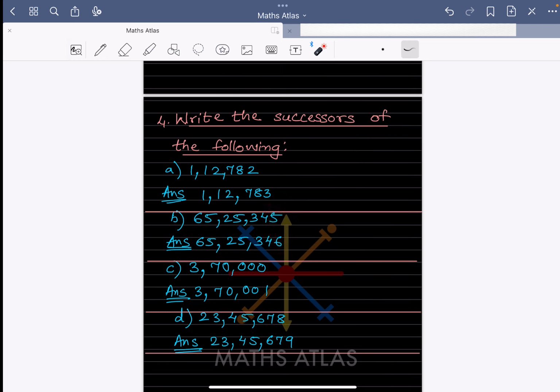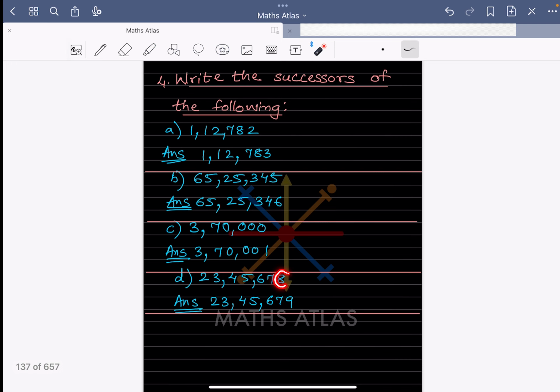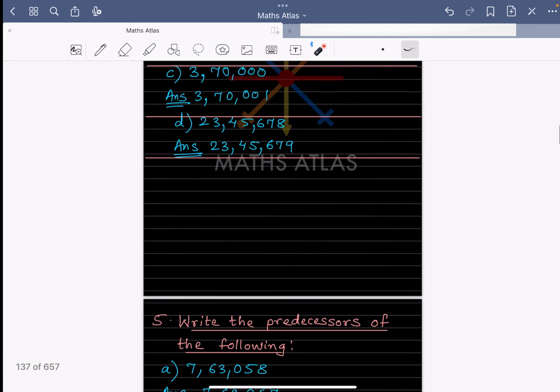So we add 1 to 5, we get 6. Other numbers remain the same. Again, here we add 1 to 0, so we get 1. The other digits remain the same. Now 8 plus 1 is going to be 9. Other digits remain the same. This was for the successor.